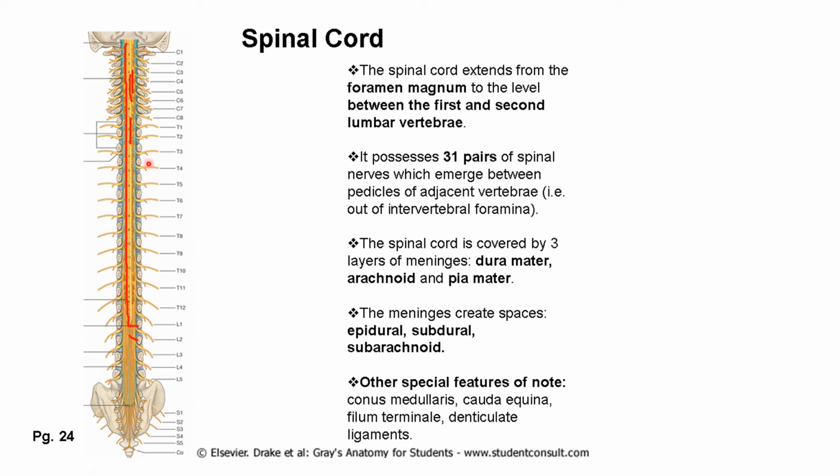They protect the central nervous system from substances that are floating throughout the body. And there are also spaces between those layers and the spinal cord proper. Other features that we'll pay special attention to are the conus medullaris, cauda equina, and filum terminale.